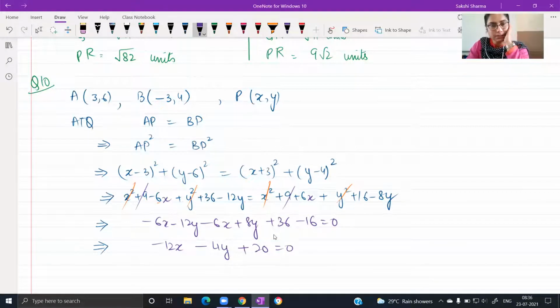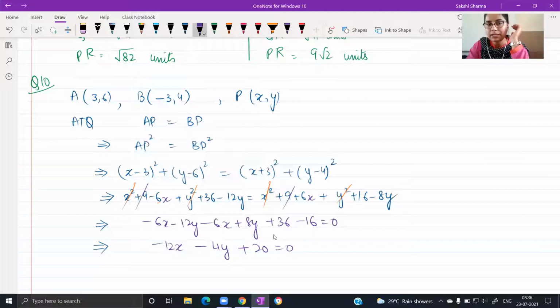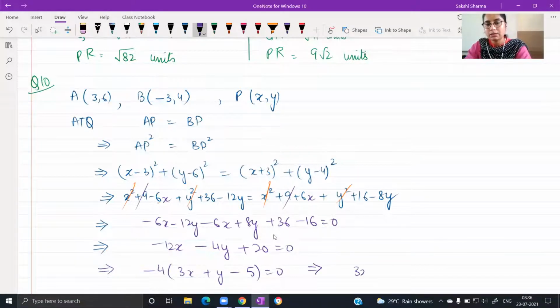On the left hand side, we have minus 6x. Right hand side, it is 6x. If you transpose any of these to the other side, they will become the same sign. So you can take minus 4 common from here. And this is the relation you get: 3x plus y minus 5 equals 0.